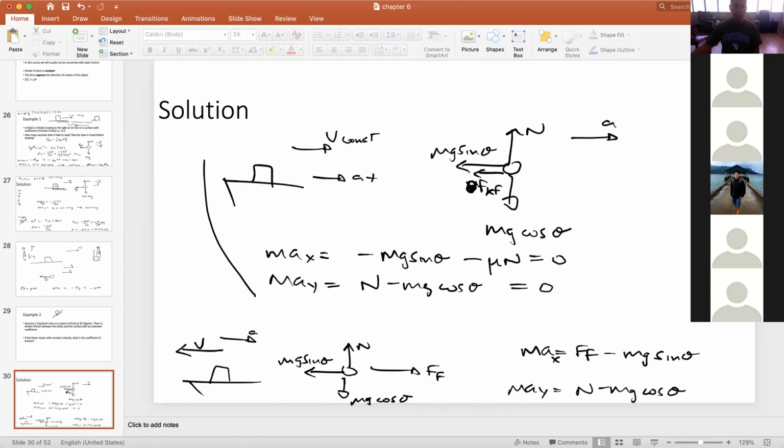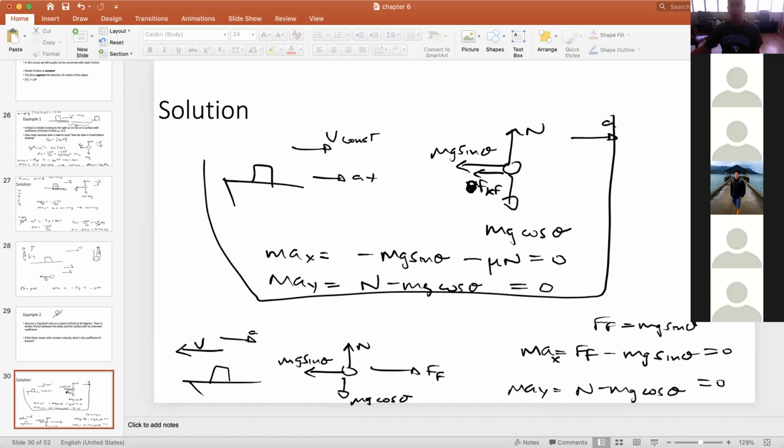Can this happen? This can't happen because you would get a negative force in the x. It cannot happen. That is one of the things that you need to make sure you always remember. This can happen. These two could be equal to 0 as long as force of friction is mg sine theta. But that top one can't happen.